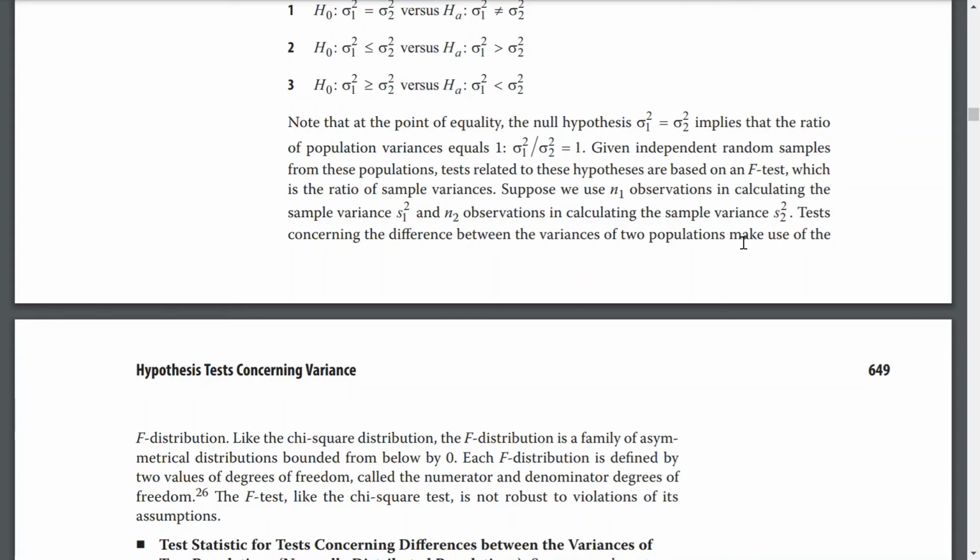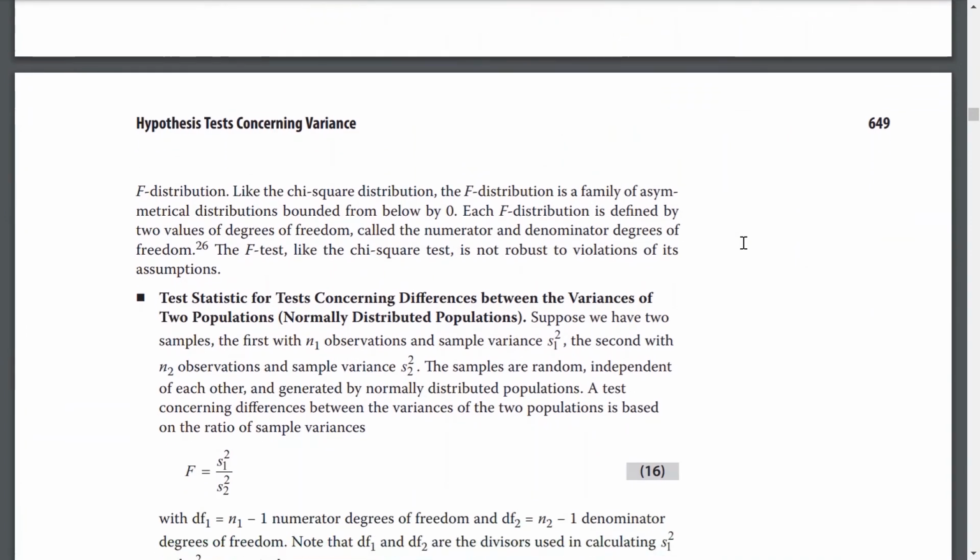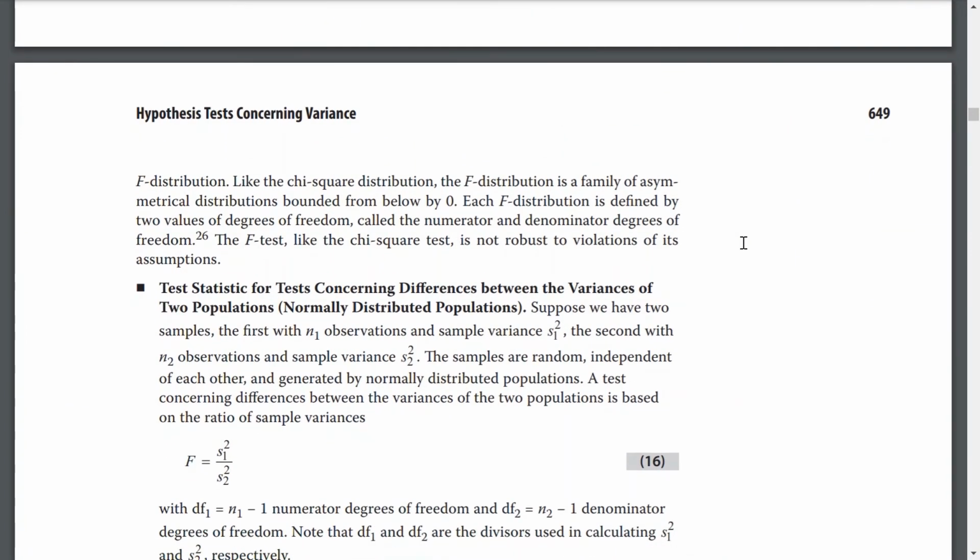Like the chi-square distribution, the F distribution is a family of asymmetrical distributions bounded from below by 0. Each F distribution is defined by two values of degrees of freedom, called the numerator and denominator degrees of freedom. The F-test, like the chi-square test, is not robust to violations of its assumptions.